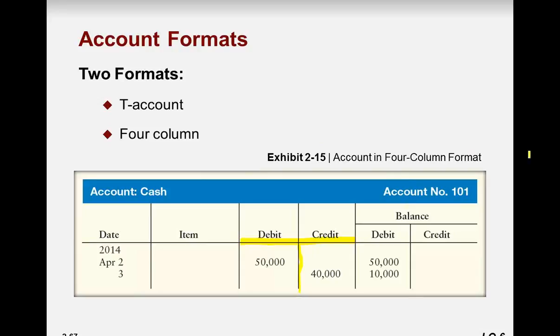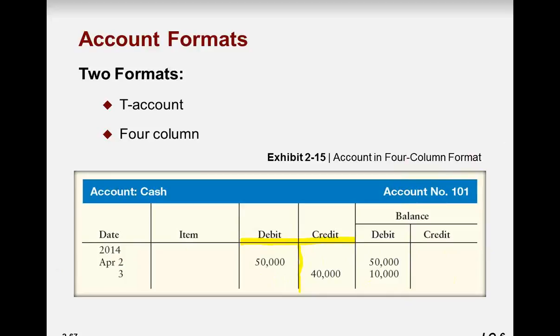The actual account in a 4 column is going to show that you have your increase of $50,000. Again, this was from Freddy's, which gave us a debit balance. It's a 4 column. We have a debit and credit balance column. We have a credit then of $40,000. Well, when I reduced my 40 from my 50, I still have $10,000. So I still have a debit balance. Even though this is a credit entry, I am just reducing my balance. That's a 4 column.